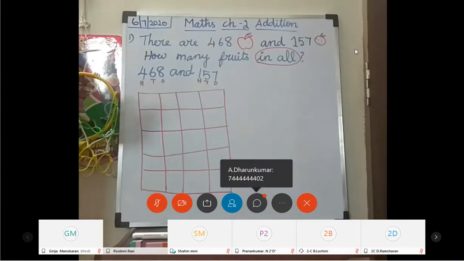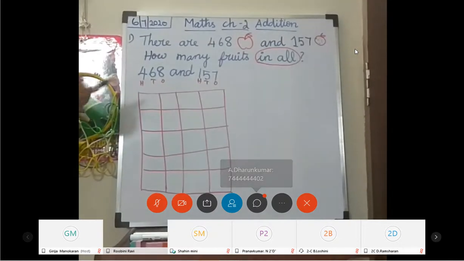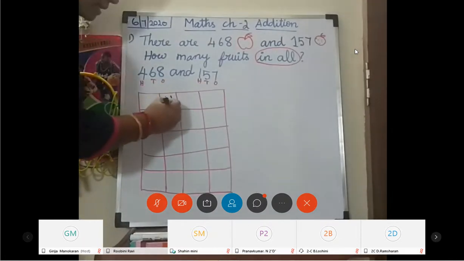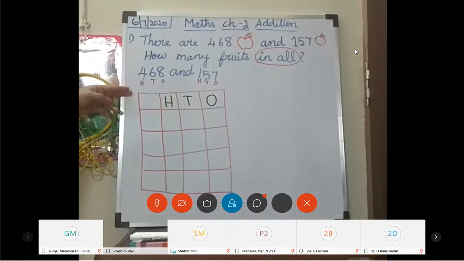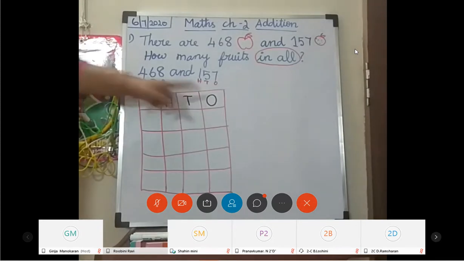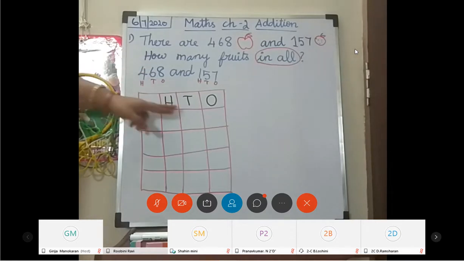Now listen carefully. Very first step, what do we have to do, my children? We have to represent the place values: hundreds, tens, ones. And then we have to represent the numbers in the appropriate rooms.